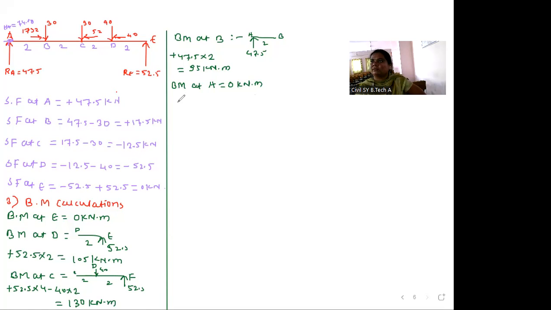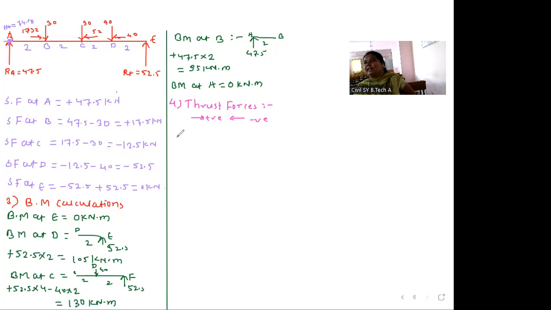Thrust forces. For this, we will consider this type of force positive and this type of force negative. Okay.